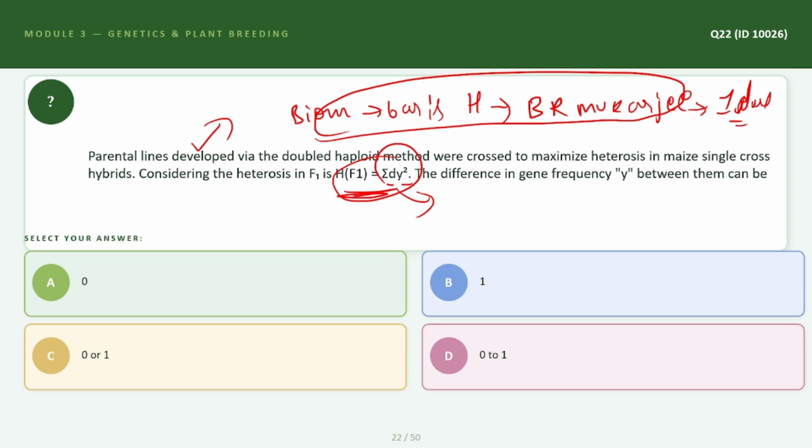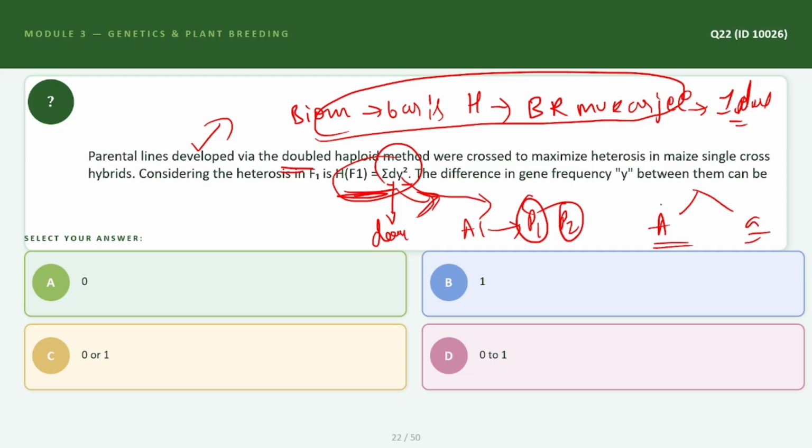I think those who are preparing seriously already know, but I'm telling those who are just watching, the next year students. D means degree of dominance, and Y is the allelic difference between the two parents. For example, they're clearly telling they're double haploids, meaning either A or small a, meaning they are different alleles or the same allele, completely homozygous in nature.